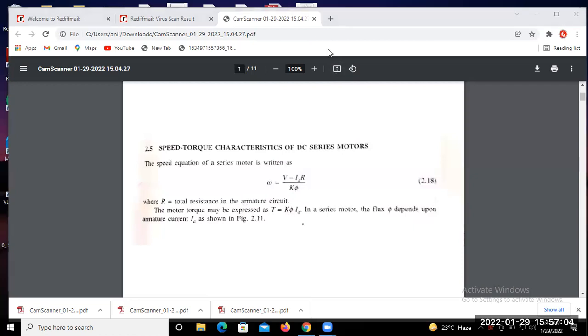Hello. हेलो, आवाज नहीं जा रही क्या? रितेश, आवाज जा रही है कि नहीं?